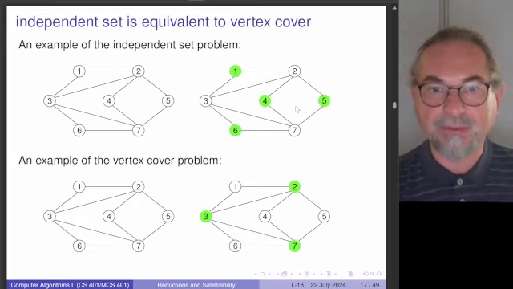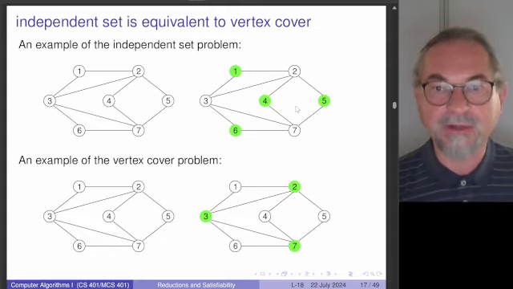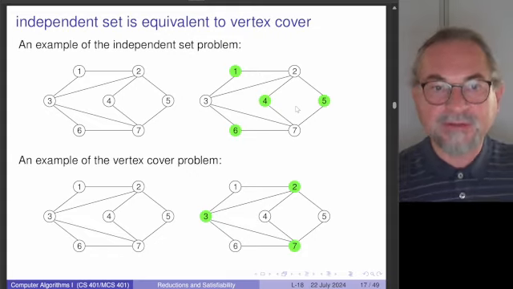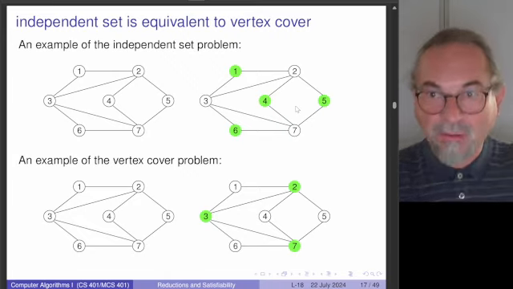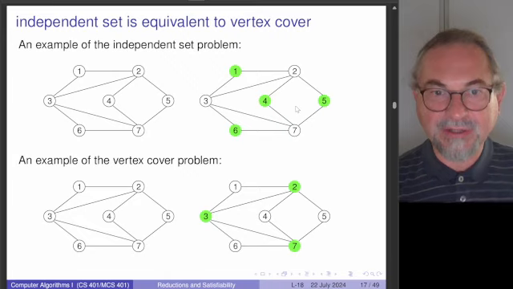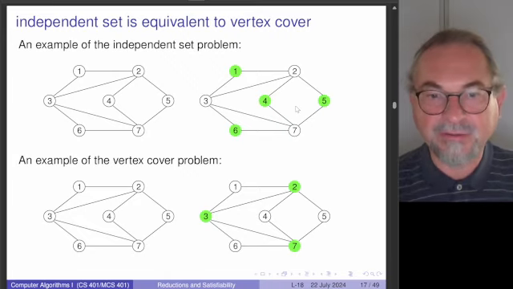These are the people in a network of 7 who do not know each other: 1, 4, 5, 6. It turns out that if you take the complement of that set, so you take the 3 people from those 7 who are not in the independent set, then they define a vertex cover.